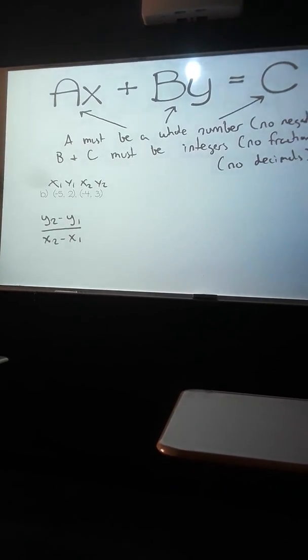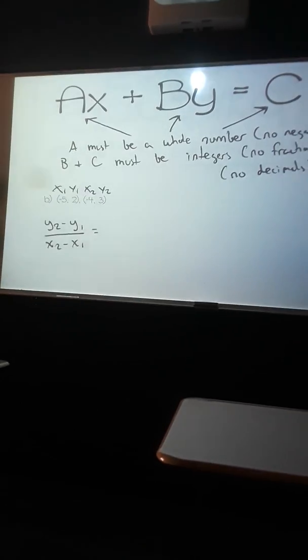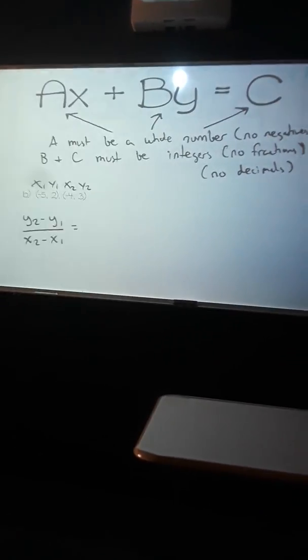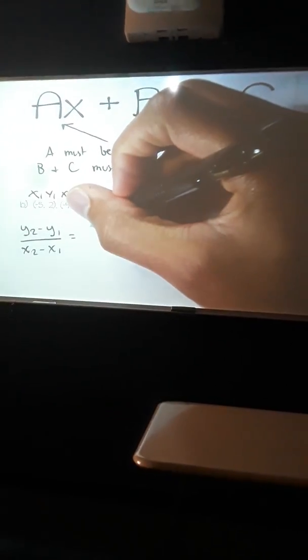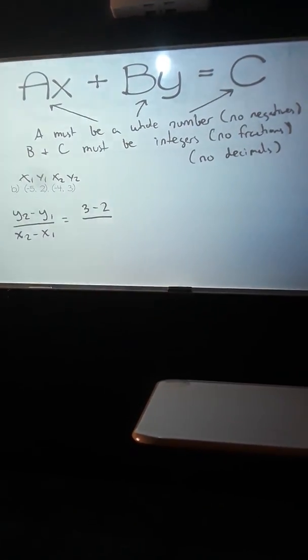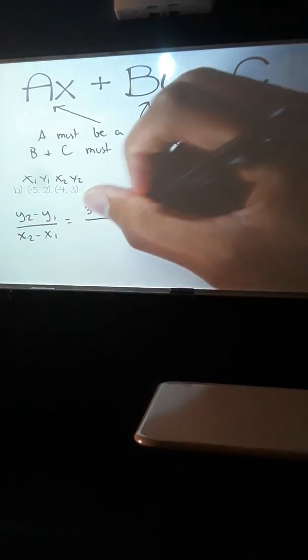The reason why we identify is it just helps us to put the right numbers in the right place in our formula. Okay? So our y2 is 3, our y1 is 2, so we have 3 minus 2, and we know 3 minus 2 is 1.